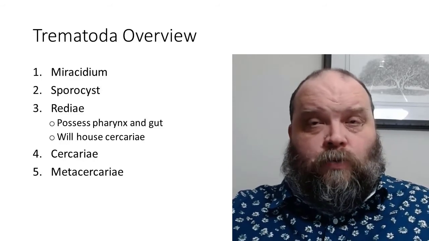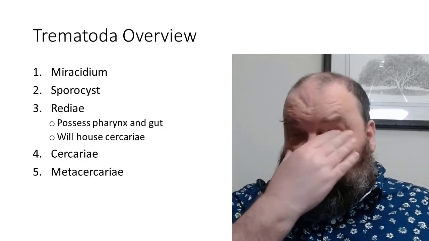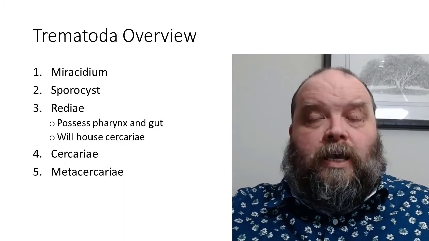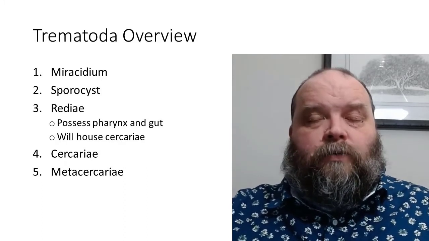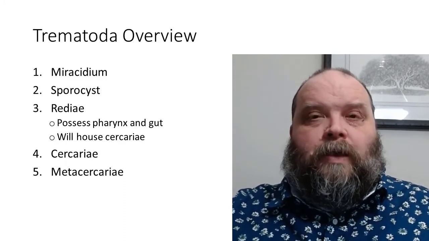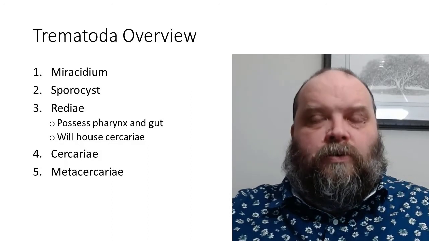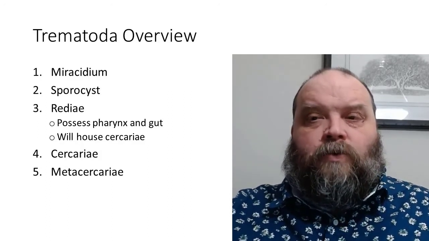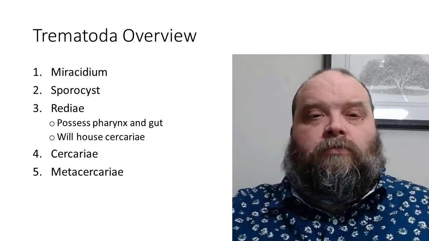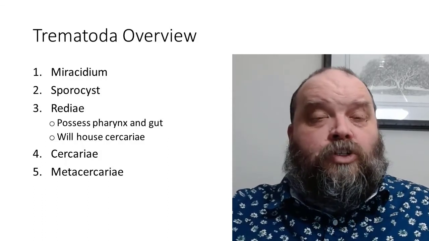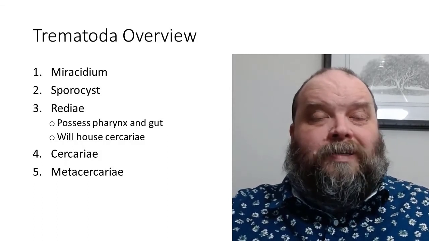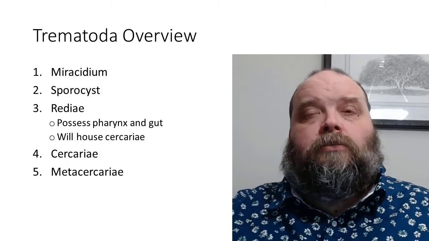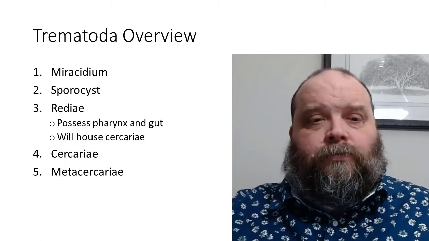The sporocyst will then further develop into redia. These redia will help aid in the further development of those internal, genetically identical, but still internal organisms.